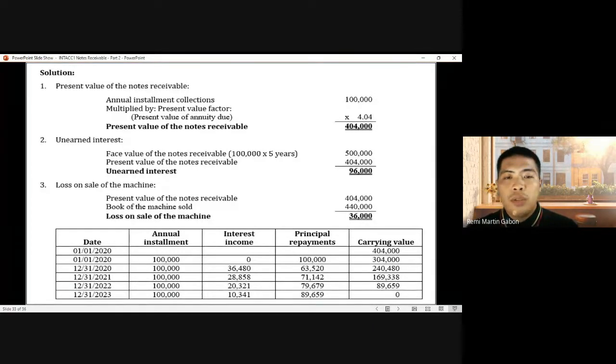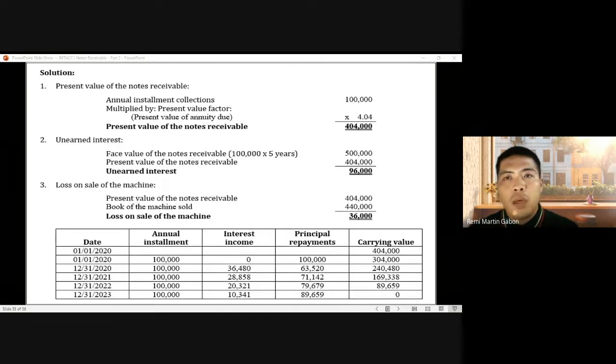Pansinin nyo si amortization schedule. Yung first installment, di ba walang interest? So therefore, the first 100,000 only relates to the principal repayments, kasi walang interest na mako-compute.